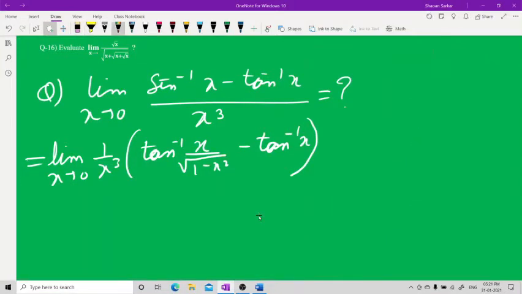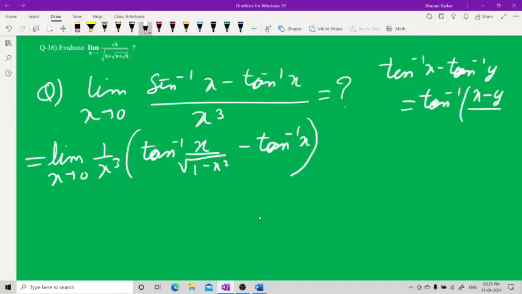Now what I'll do is use this formula: tan inverse x minus tan inverse y is equal to tan inverse of (x minus y) upon (1 plus xy). This will behave like x, this will behave like y.